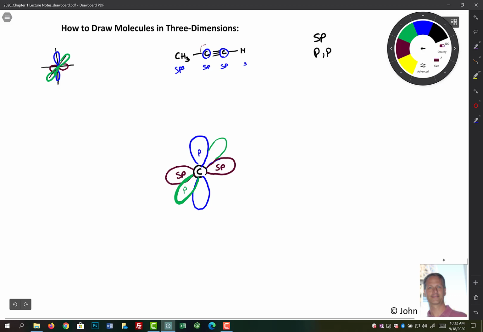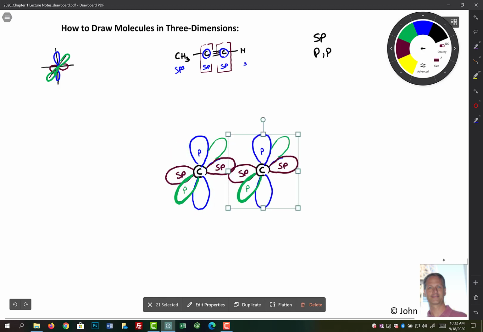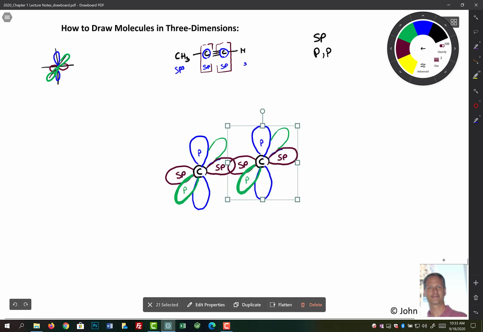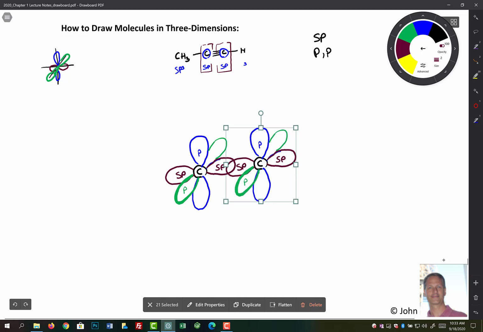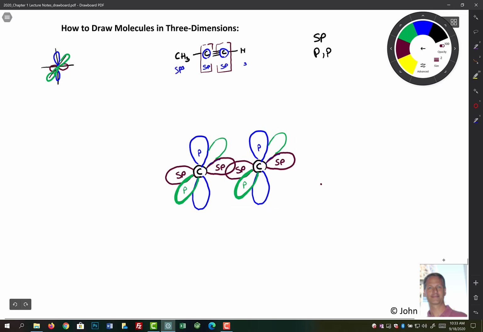Now that takes care of this atom, but that atom is connected to this. So all I need to do is this. I just take this guy here, right, and I can magically do that. And then I can overlap them just like this. Right, so that gets us pretty close here to having a decent overlap.